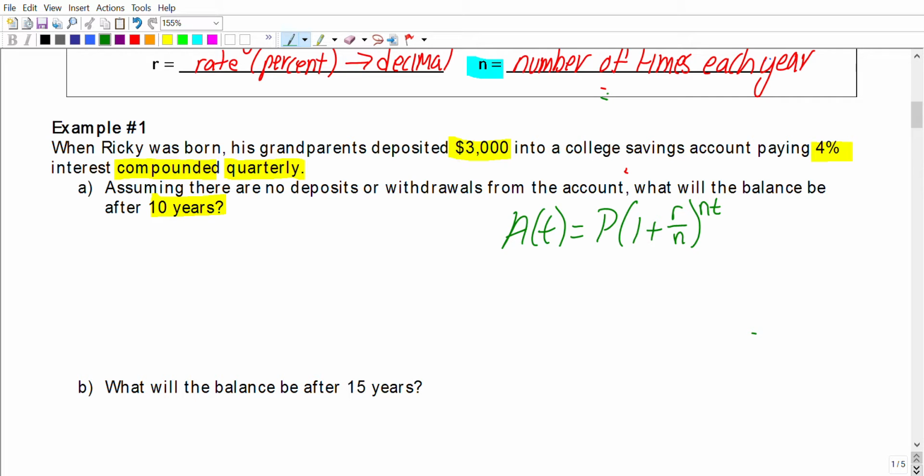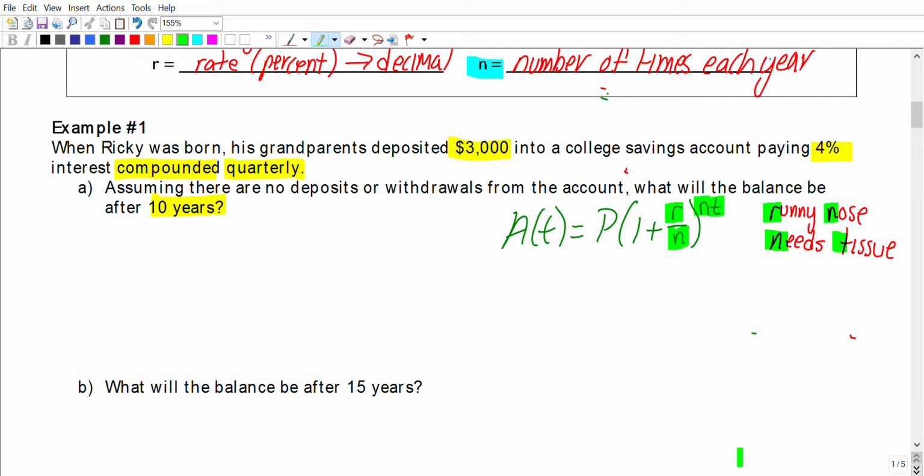Okay, write that off to the side, guys, if you don't remember it. R, N, N, T. All right? Okay, enough of that.